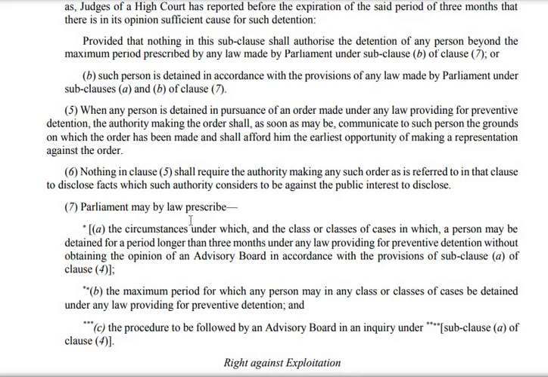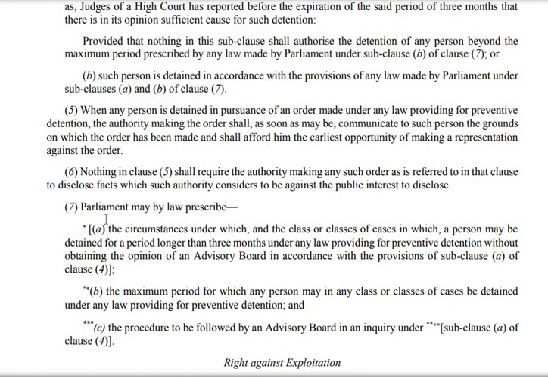Parliament may by law prescribe the circumstances under which and the class or classes of cases in which a person may be detained for a period longer than 3 months under any law providing for preventive detention without obtaining the opinion of an advisory board in accordance with the provisions of subclause A of clause 4. मतलब 3 महीने के बियॉन्ड भी बिना एडवाइजरी बोर्ड के कंसंट के जा सकते हो अगर पार्लियामेंट ने वैसा लॉ बनाया है तो.